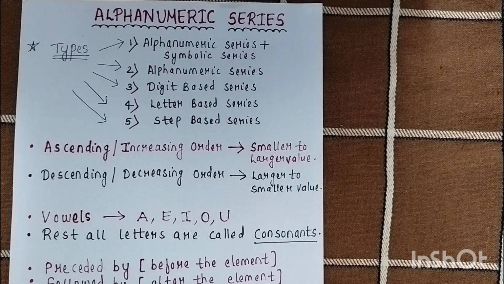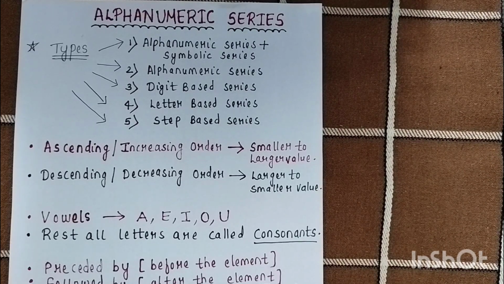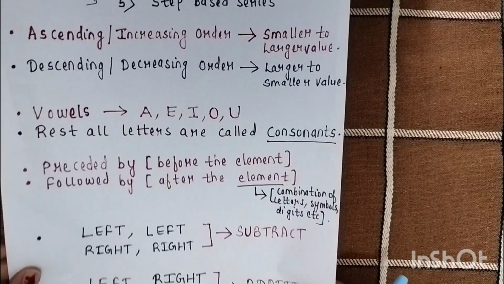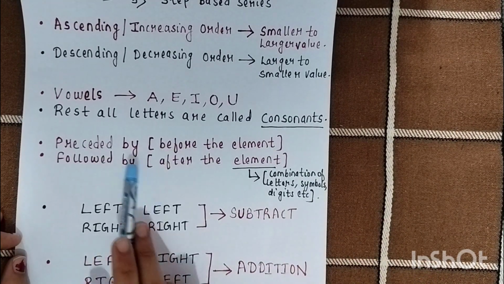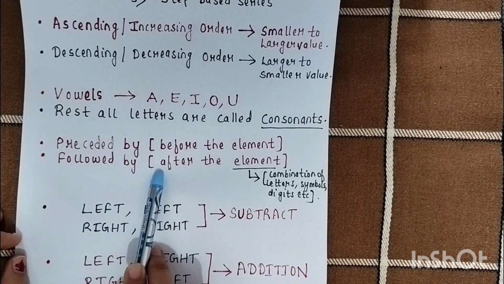An element can be a combination of letters, symbols, digits, etc. It can be anything. It is the combination of all these things. So this is preceded by and followed by.